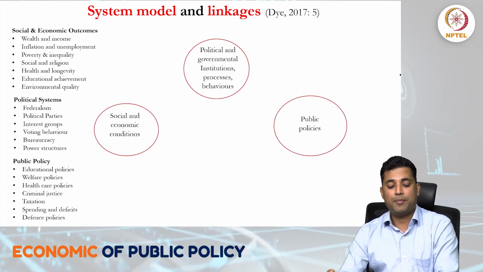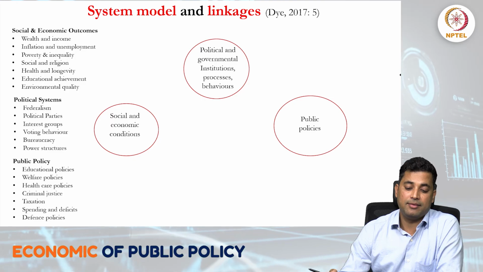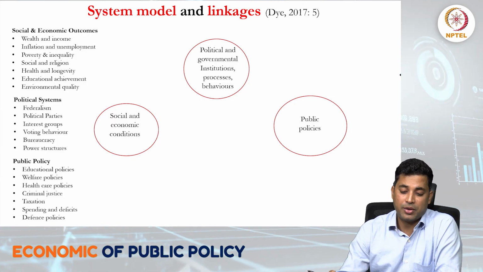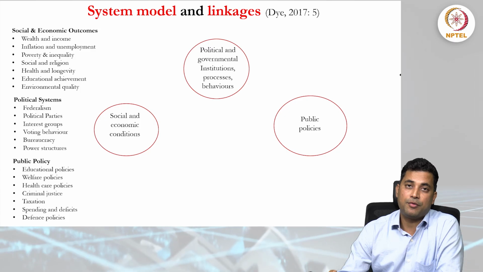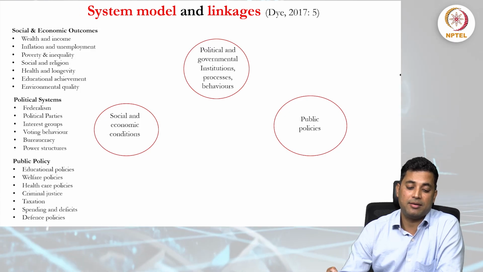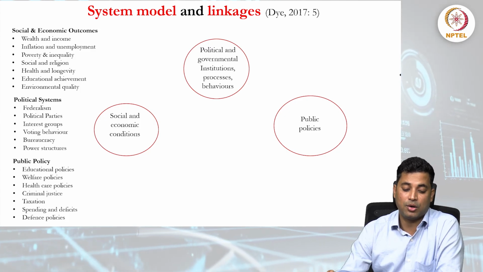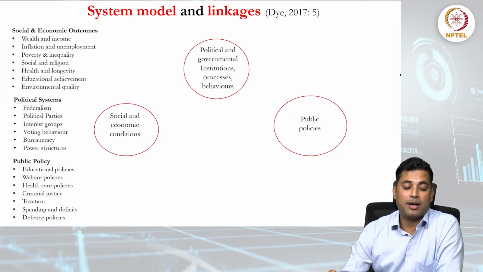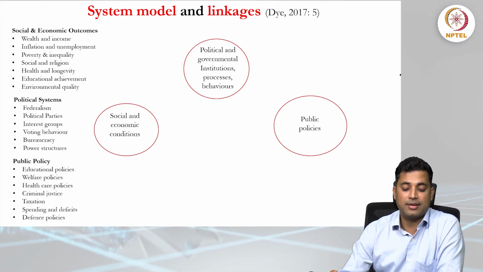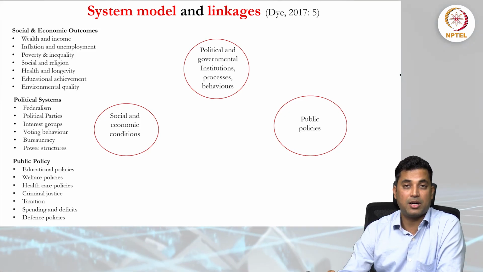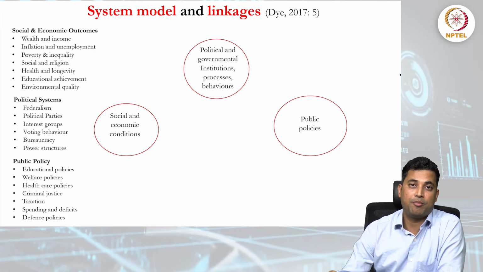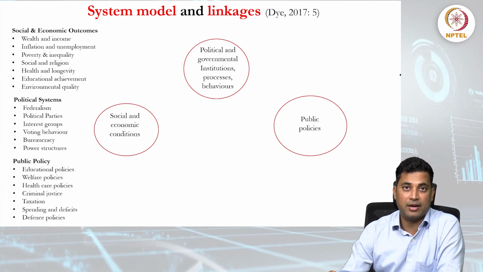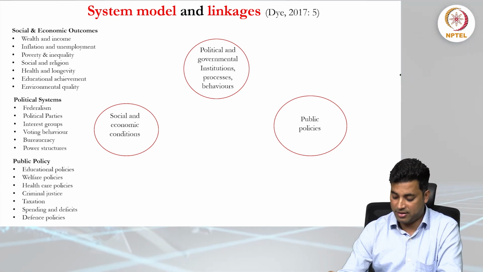If I want to place this within a framework, I have taken it from Thomas R. Dye's system model, as he calls it. What I would like to highlight is that social and economic outcomes, political systems and public policies do not play in isolation. They are interrelated and linked.